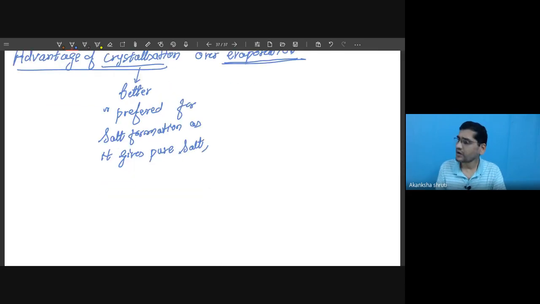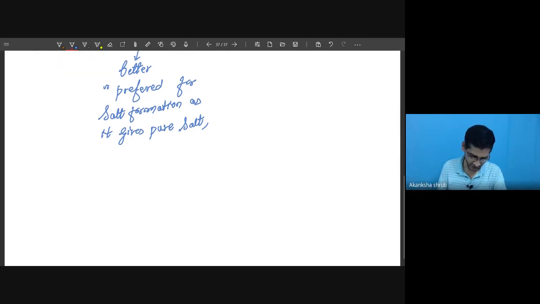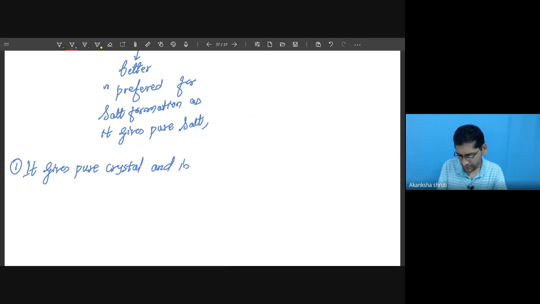No impurities will crystallize in this salt. All the impurities remain dissolved in this solution. So the first advantage is it gives pure crystal, and all the dissolved impurities remain in the mixture, they will not crystallize.